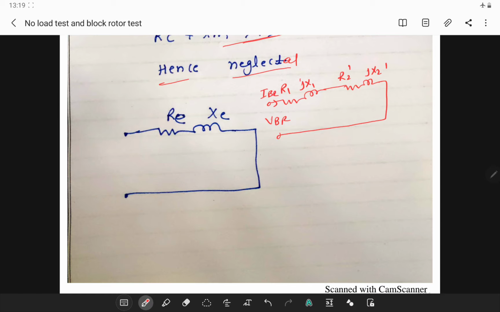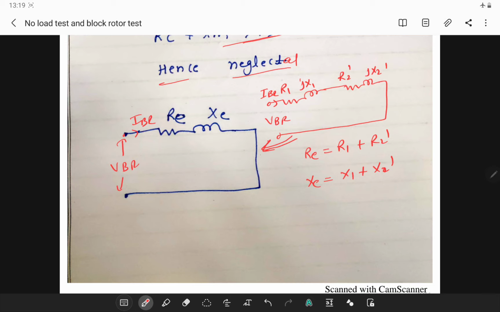Can I do one more thing, that I write Re is equal to R1 plus R2 dash, and Xe is equal to X1 plus X2 dash? So I have finally redrawn the circuit after this assumption like this: Re, Xe, Vbr and Ibr.